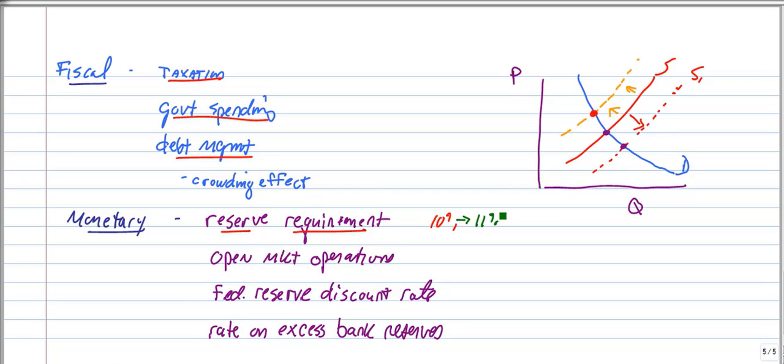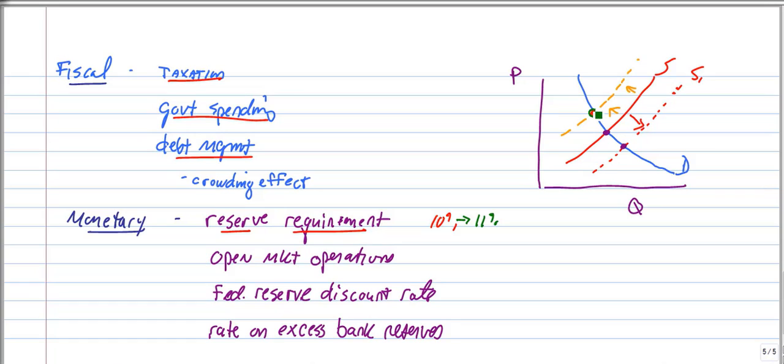Now banks have to keep more money on reserve. That's less money that they can lend out, because now they have to leave more of it on reserve with the Federal Reserve. So they have essentially just decreased the money supply, haven't they? That has decreased the money supply because there's less money that banks can lend.